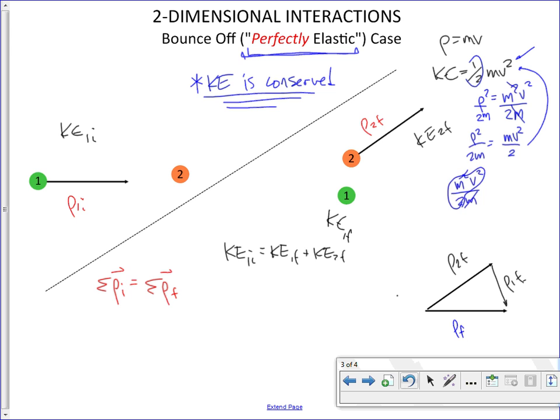So we can express kinetic energy of any object as P1 initial squared over 2m equals P1 final squared over 2m plus P2 final squared over 2m.